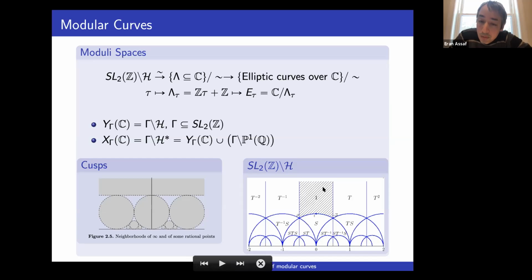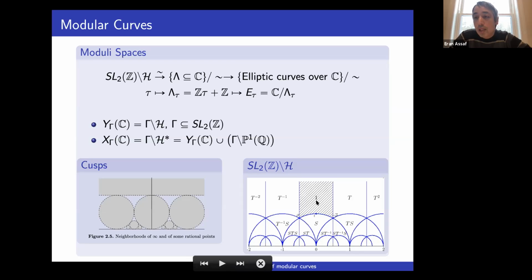For example, by taking this fundamental domain and acting with S, we obtain the part that is labeled by S in this picture. And if we operate by T, we obtain the part that is labeled by T. This gives us the non-compact part. And to compactify it, we want to add points on the real axis and at infinity.